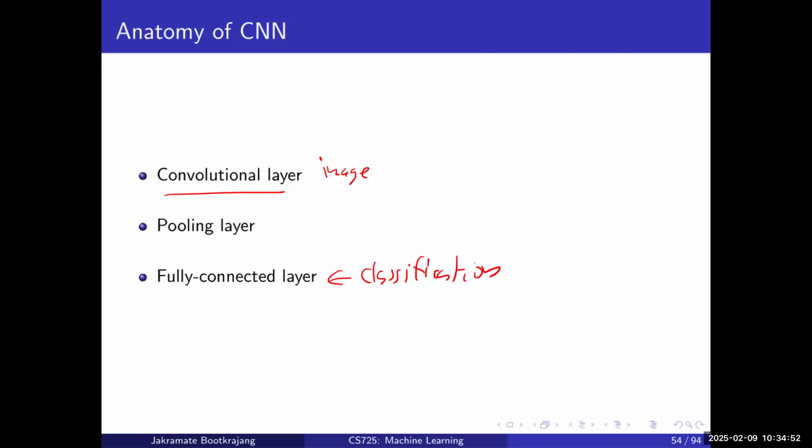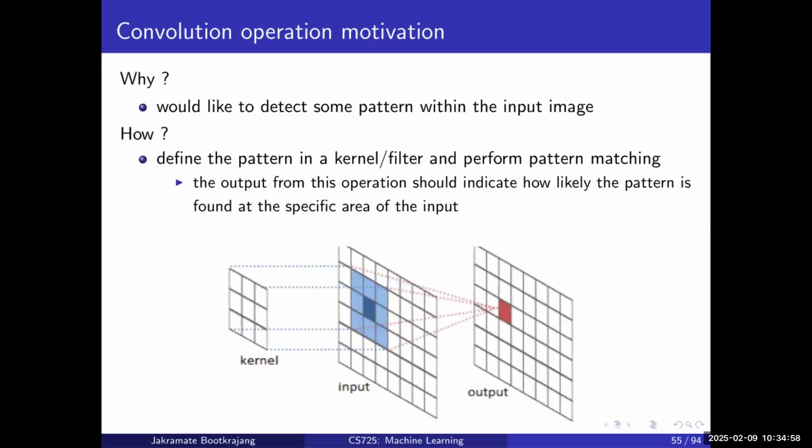So that is the structure of the CNN. So how do we do the first layer? In the past, when we wanted to detect a pattern in the image, we filtered the image with that pattern.